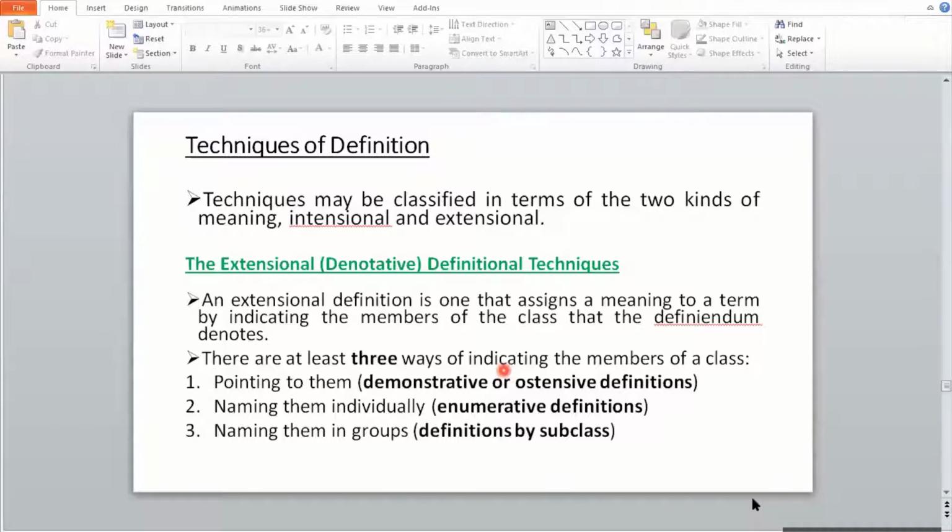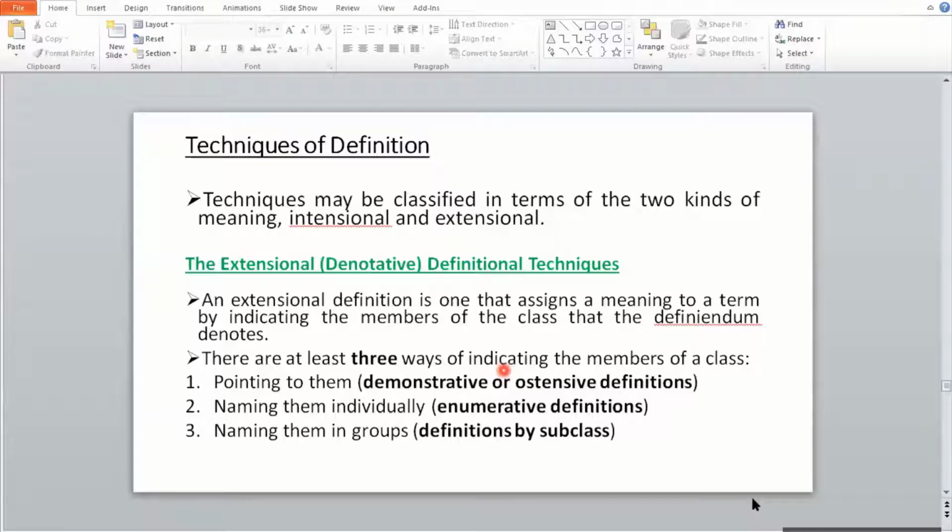Of course, we have seen those preliminary concepts, which help you to understand these techniques, because we have seen the intensional and extensional definition to some extent. Now let's look at them in detail.